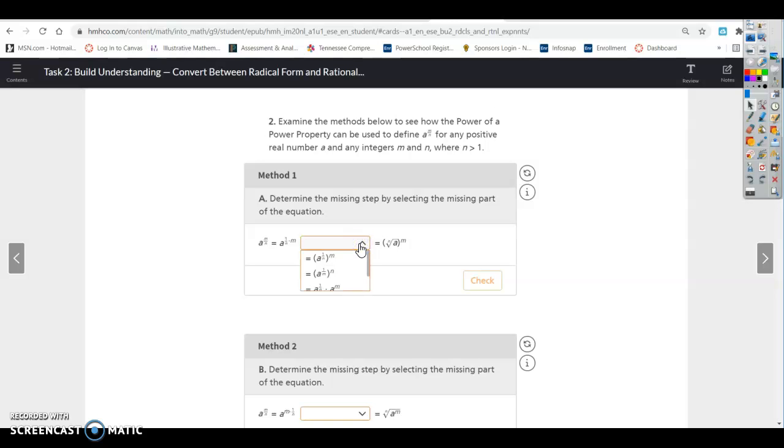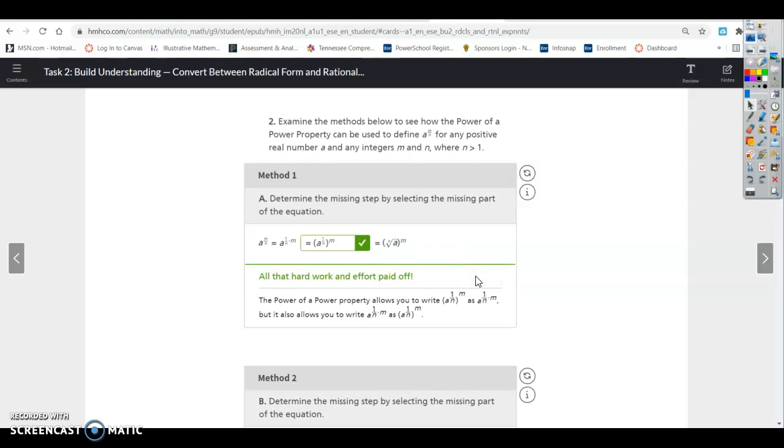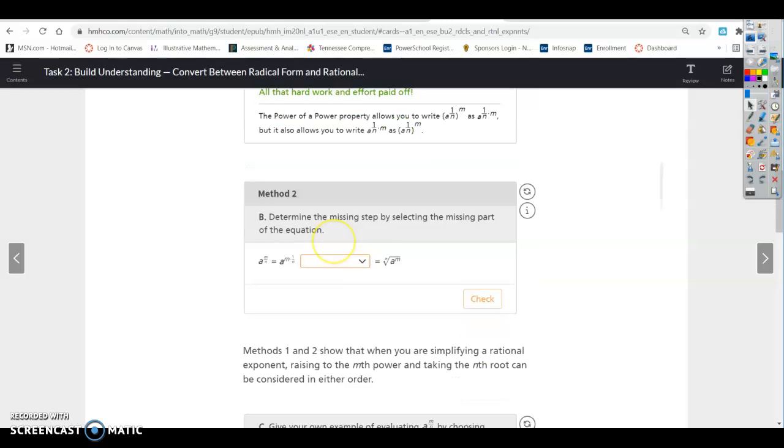Okay, so what is the missing step? The missing step is they're going to isolate the 1 over n together and then raise that to the n power. So all they did basically was take this from multiplication and then put this in parentheses to show that that is a power to a power.